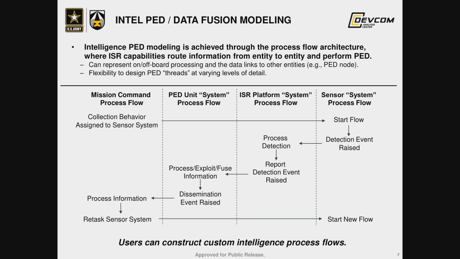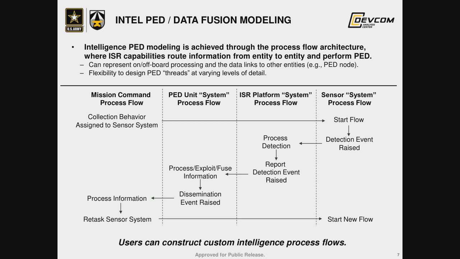If you have multiple measurements associated with the same target, you would fuse them together with, say, something like a Kalman filter that we can employ within fractals and TIPS to get a better measurement of where something is located. Then you push that back to, say, a mission command type capability that processes that information and can make decisions on whether we need to retask a sensor system.